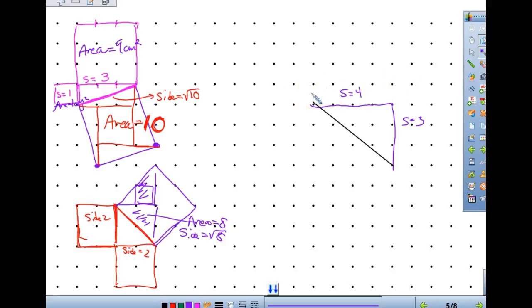Okay. So that on each one I should have a square. Right? 1, 2, 3. So I can tell the areas.